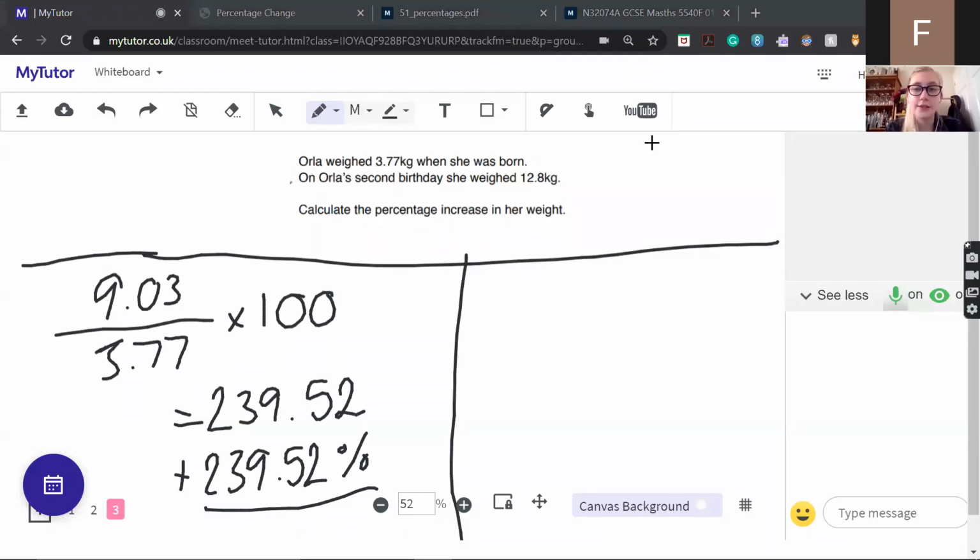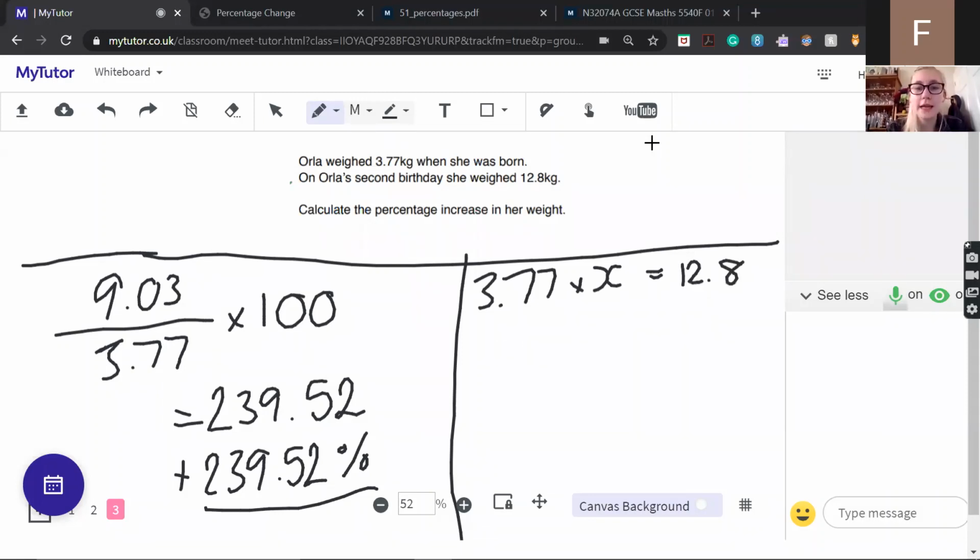Okay, and then using method B, we've got 3.77. We're timesing it by some multiplier to get to 12.8. What's our multiplier? It's going to be 12.8 divided by 3.77.